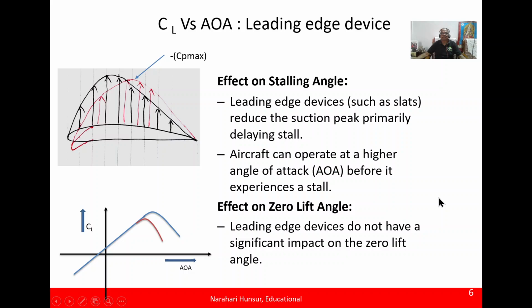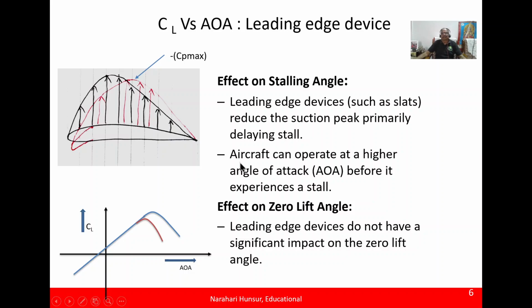Now let's look at the leading edge device. What does a leading edge device do? A leading edge device, as I've shown in the red here, actually reduces the CP max, or the suction peak, and shifts it downstream. So what really happens is you lose a little bit of lift here, but you gain that lift in this place. But because the suction peak is lowered and shifted, the stalling is postponed.